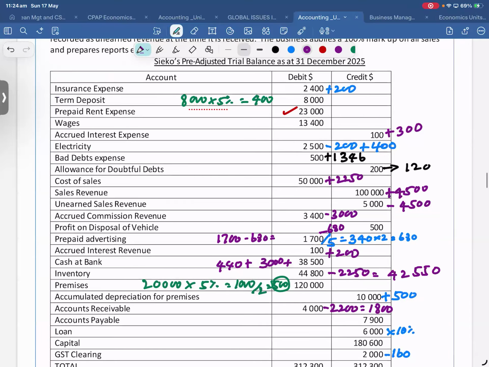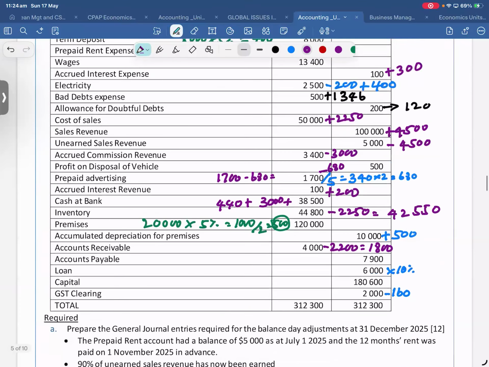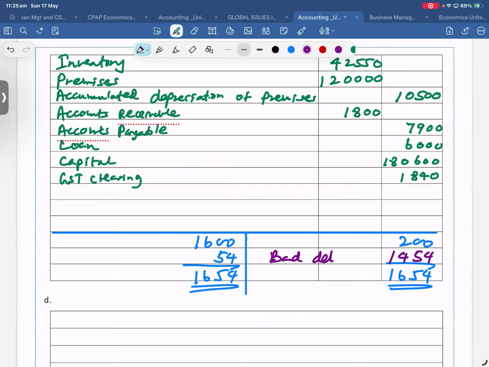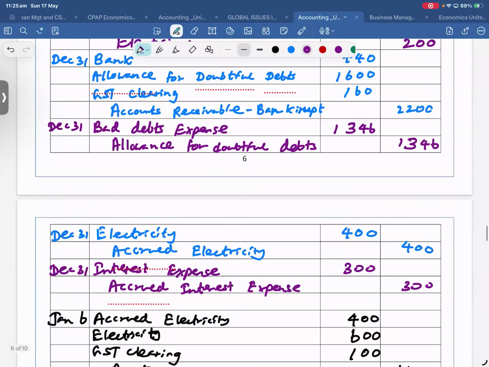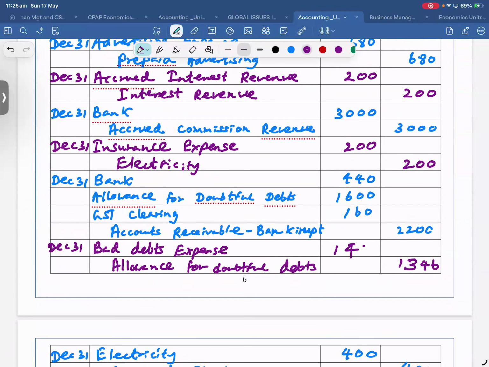Opening balance is 200. Yep. Should be 1454. Right? 1454. Please change it.